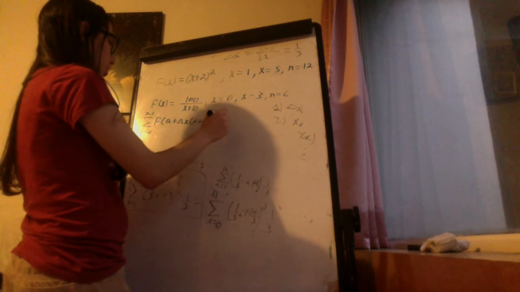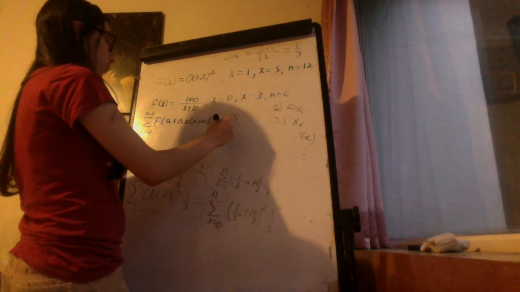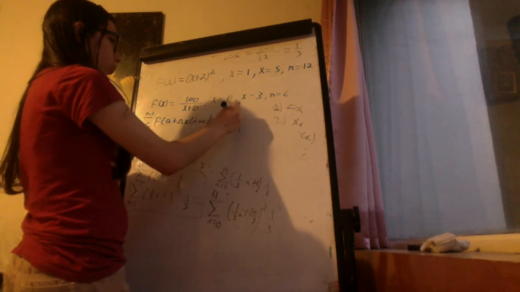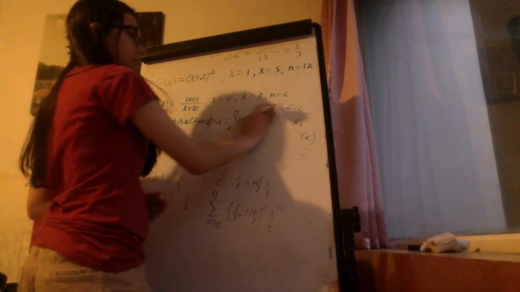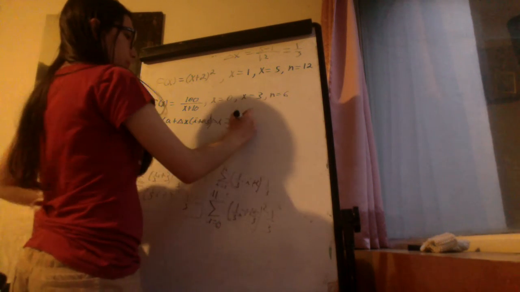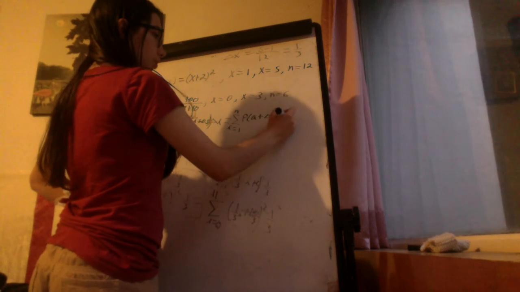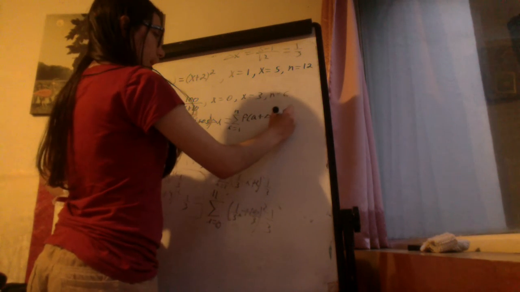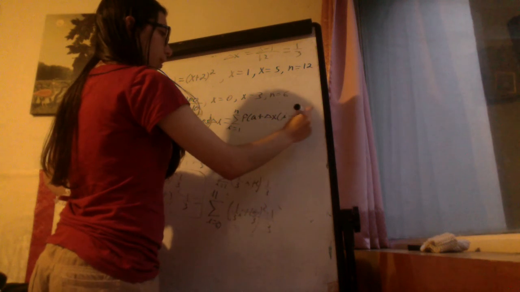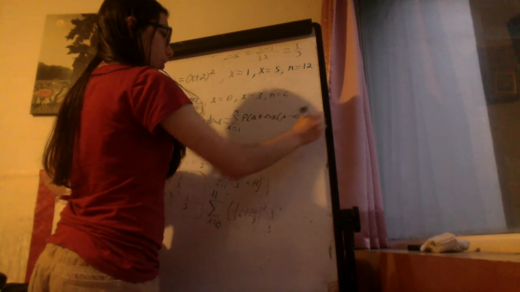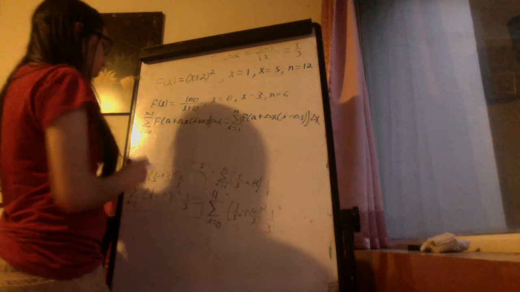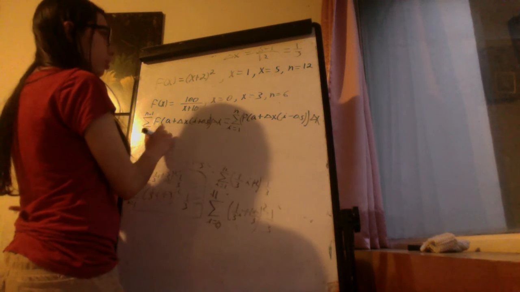Or the other is summation from i equals 1 to n of f of a plus delta x times i minus 0.5, delta x.